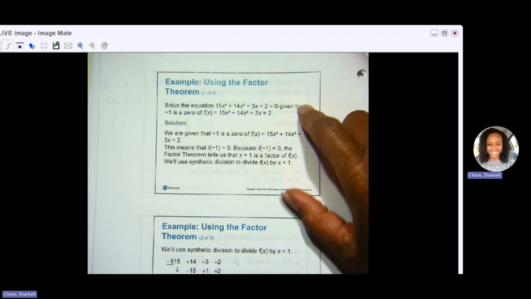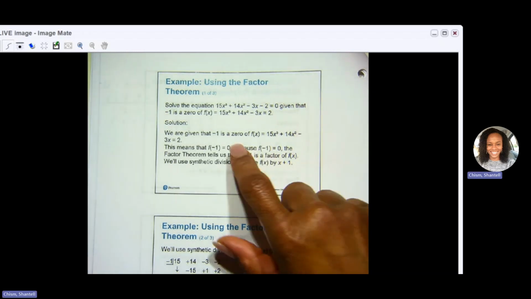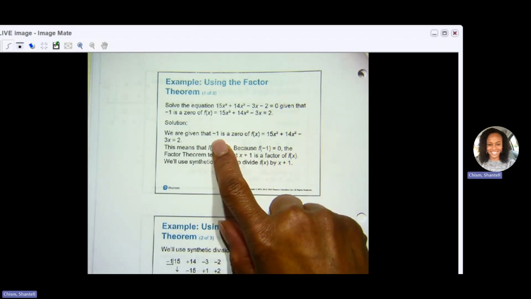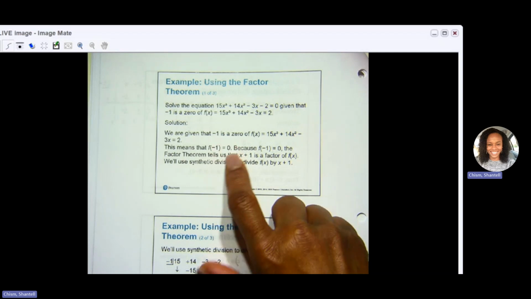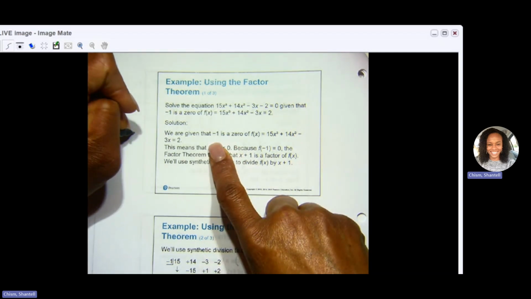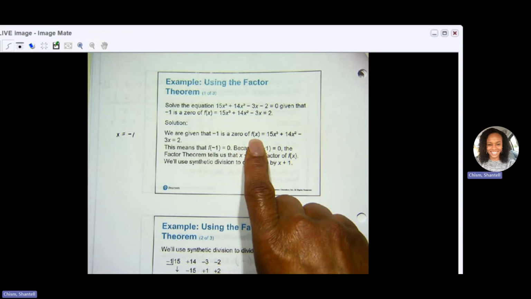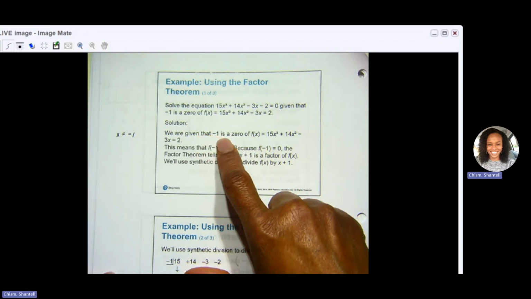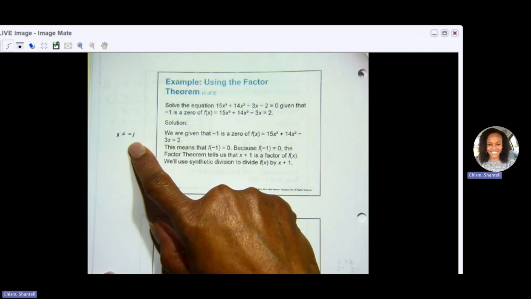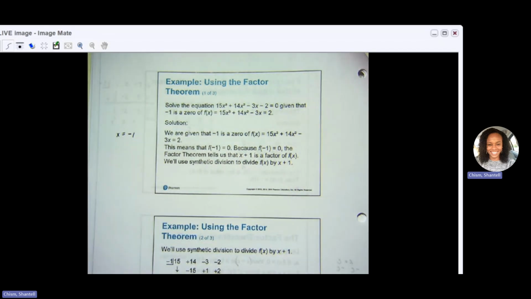It wasn't necessary. But anyway, if we're given that this number, this -1 is a 0, then what that means is x equals -1. That means a solution for x, because remember your function is a function of x. So if -1 is a 0, is a solution, that means x equals -1. Now x may equal other values besides that, but it definitely equals -1.